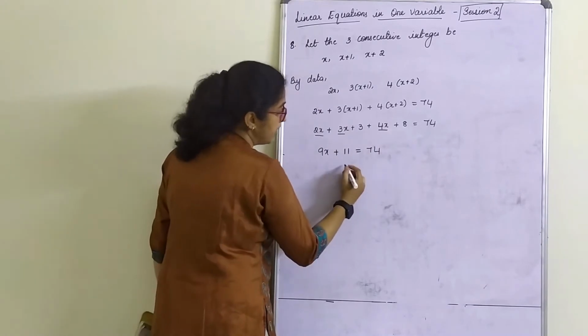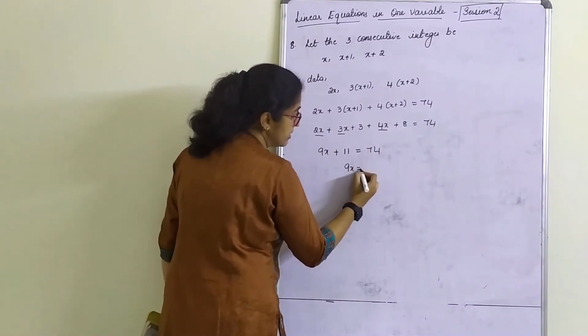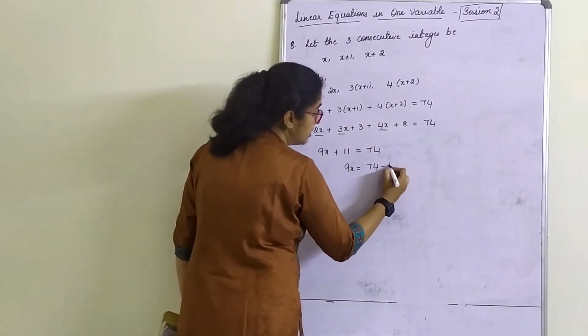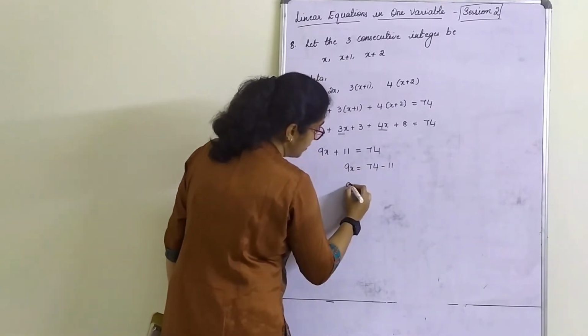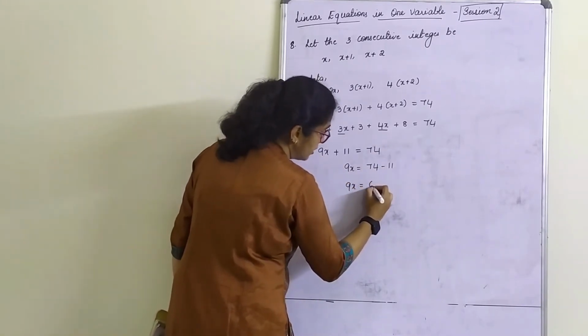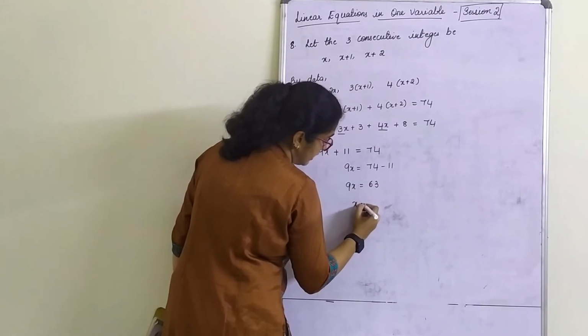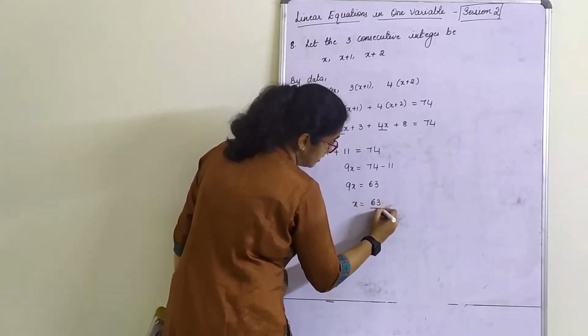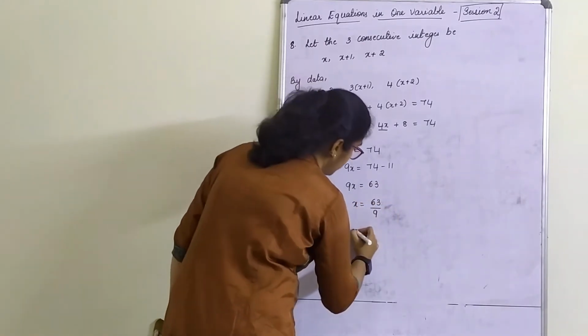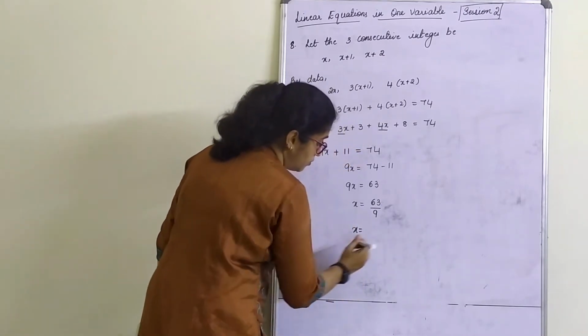We can transpose 11 to that side. 9x is equal to 74 minus 11. So 9x is equal to 63. x is equal to 63 by 9. x is equal to 7.